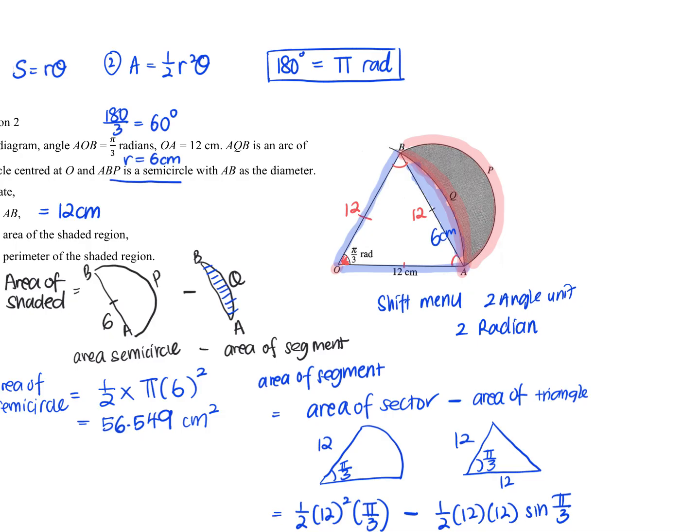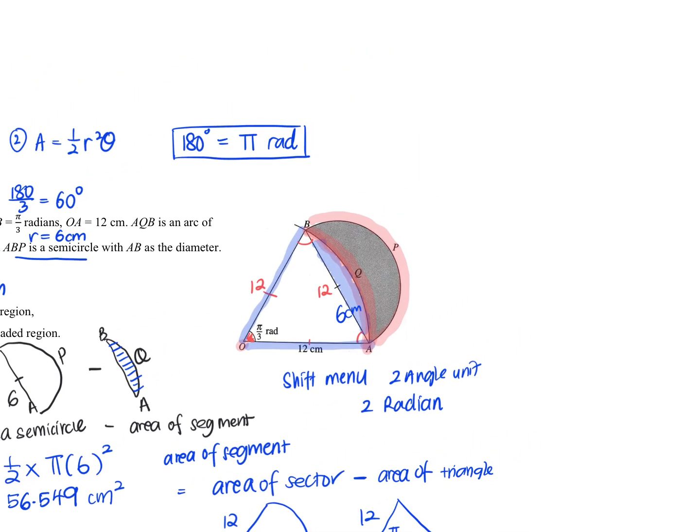I have not much space, so I should write it over here. This portion is half of a full circumference, so it will be half of the circumference length, 2 pi.